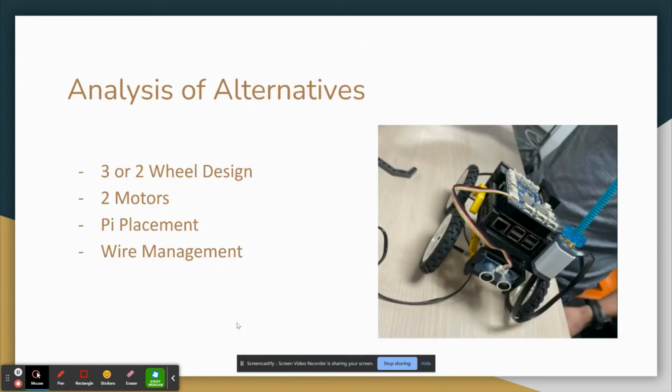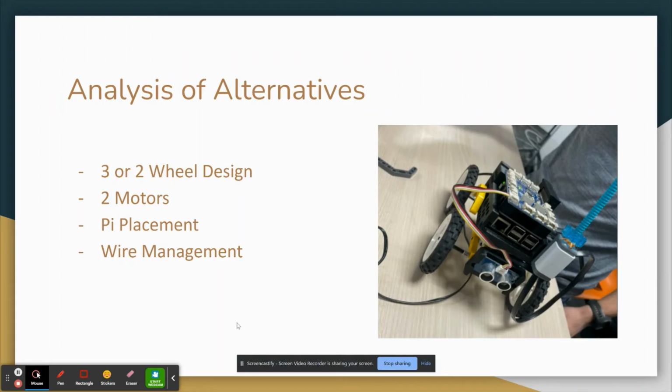So we did have a few design alternatives when creating this robot. Our primary one was the number of wheels that we would put on the robot, either 3 or 2, or we ended up with 4, which will be discussed in the decision matrix on the next slide. We also thought about putting in 2 motors.